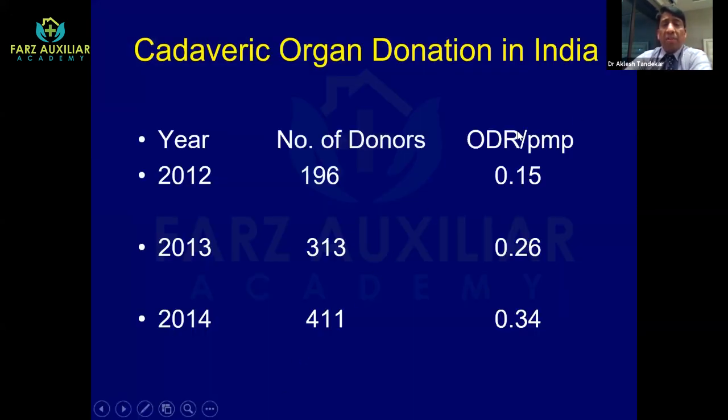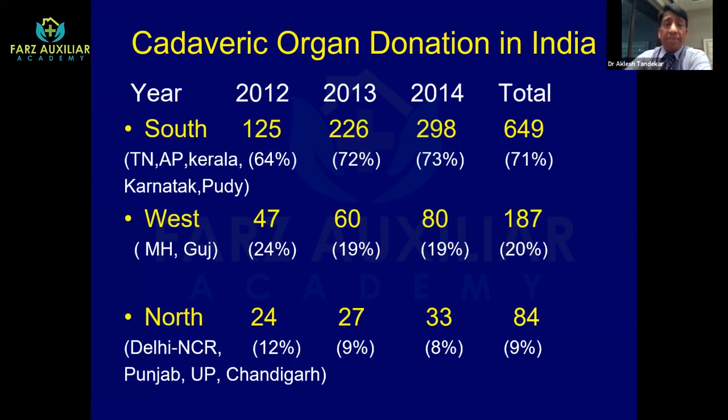Cadaveric organ donations in India are largely because of educational programs. Only those states where the education is maximum, especially in the south, Tamil Nadu, Andhra Pradesh, and Karnataka, where the educational level is quite enhanced.